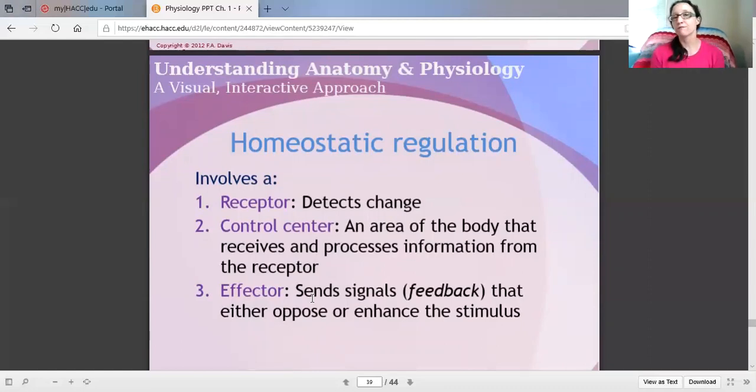That's negative feedback, and it works very much like a thermostat in your house. Once the body reaches a certain temperature, or once your house reaches a certain temperature, your heat shuts off because now it's warm. It's detecting that it's warm. The body works the exact same way. And again, this is negative feedback. So once the body reaches a set point, whatever it happens to be, then your body shuts off the change.